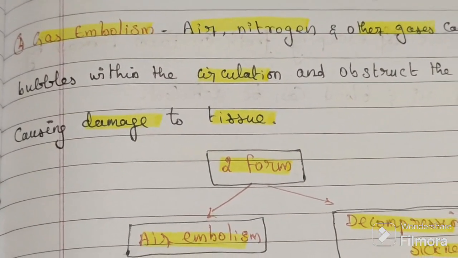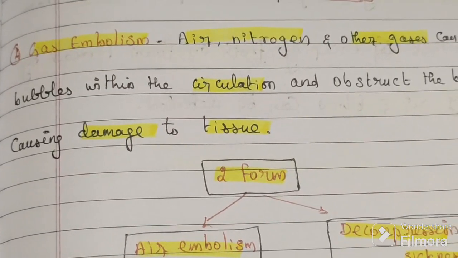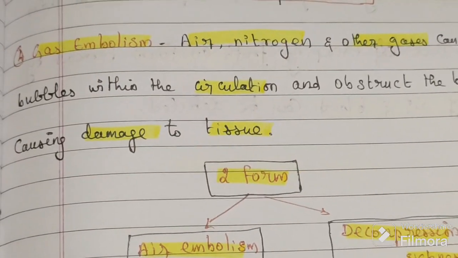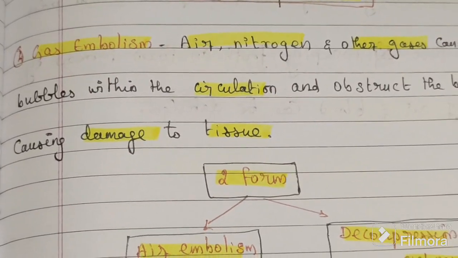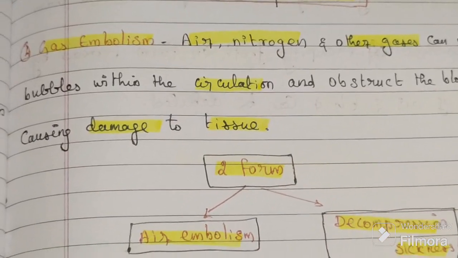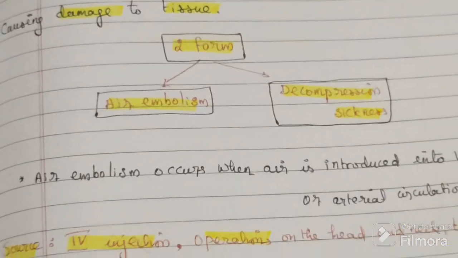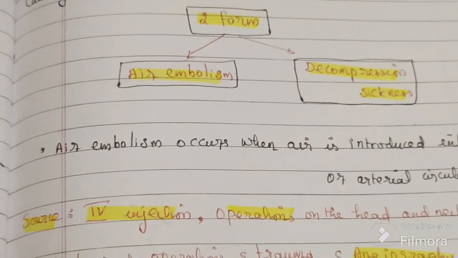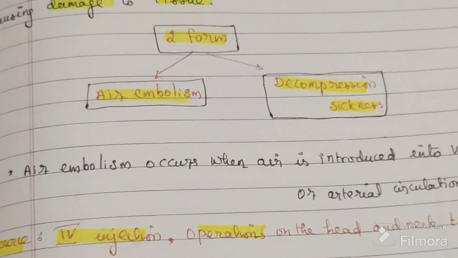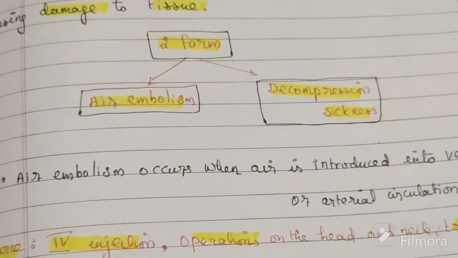Last one is gas embolism. How does a gas embolism occur? How is gas present in blood vessels? By giving an injection to the patient through IV, an intravenous injection.